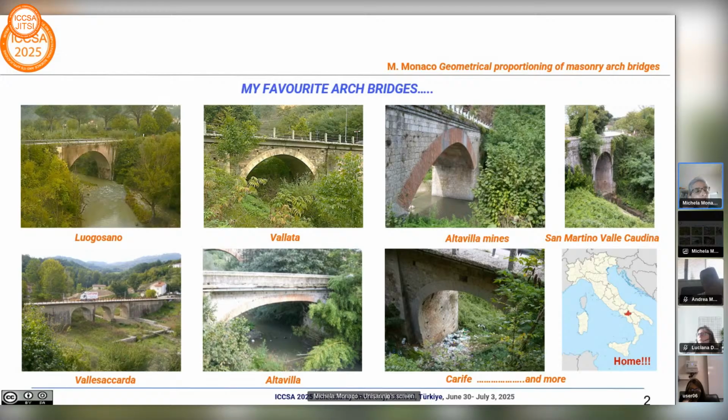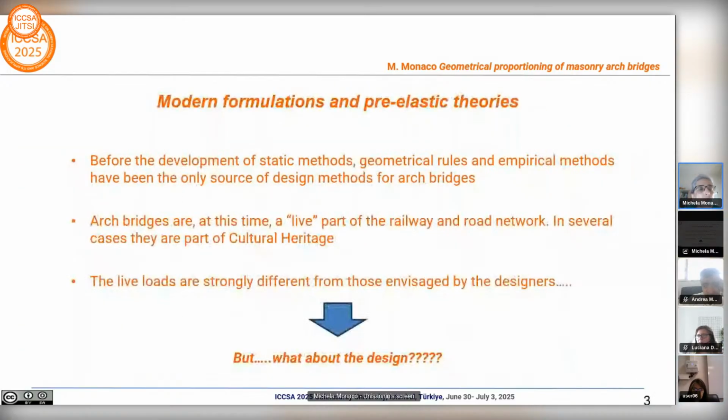You can have information about how widely they are diffused in all the territory. In fact, they have been part of the railway and road network, and in some cases they are part of cultural heritage.